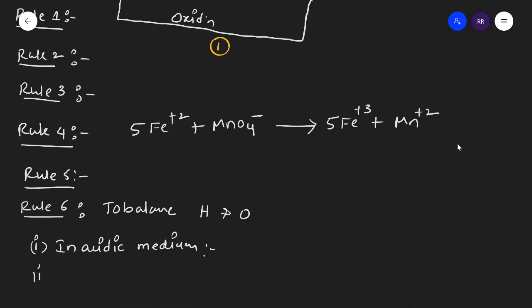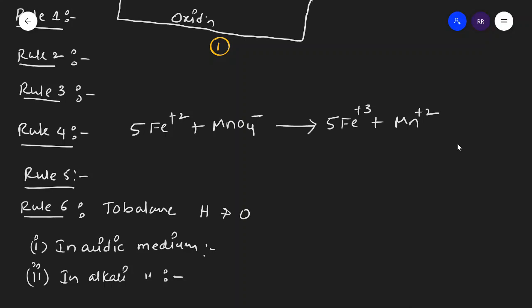If it is in basic medium or alkali medium, for 1 excess of oxygen atom, add 1 water molecule on the same side and 2 OH- ions on the other side.